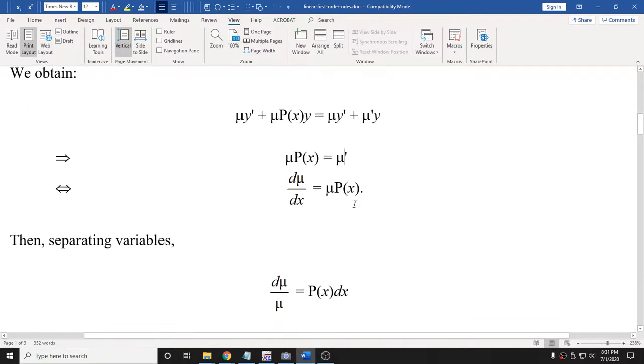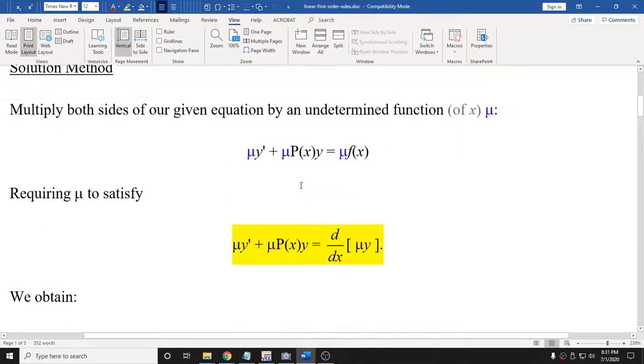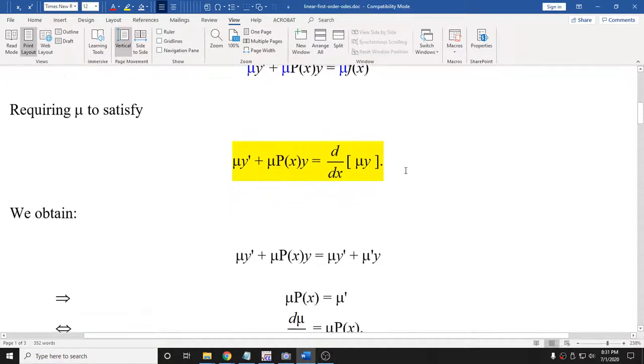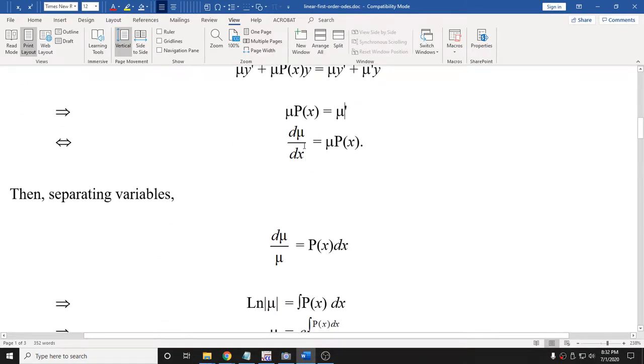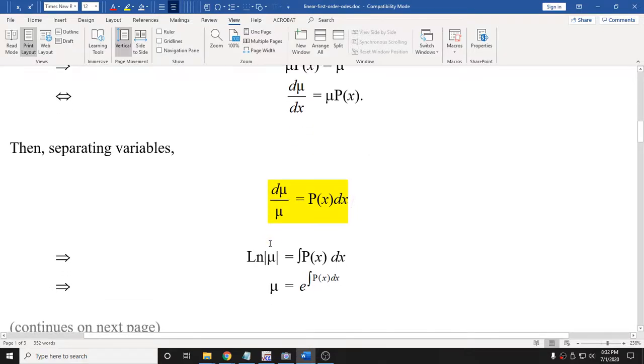In other words, the derivative of mu with respect to the independent variable x is mu times p(x). Notice that what we are trying to solve here is for the unknown function mu. So we see that this is a separable equation. Separating the variables, we get d mu over mu equals p(x) dx. And we know how to solve this equation. Apply an integral on both sides.